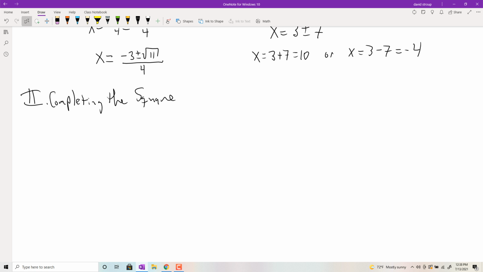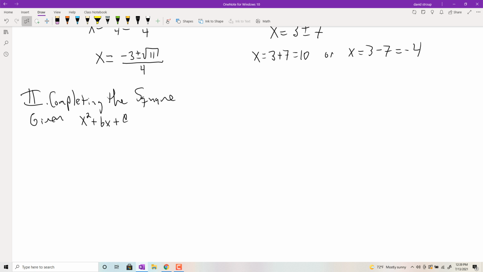In this section, we'll teach you how to complete the square and then how to use it to solve quadratic equations. But it's really used in a lot of different ways, even in Calculus 1, Calculus 2, students are still using this. But anyways, what is it about? You'll be given some sort of quadratic, x squared plus bx plus c.